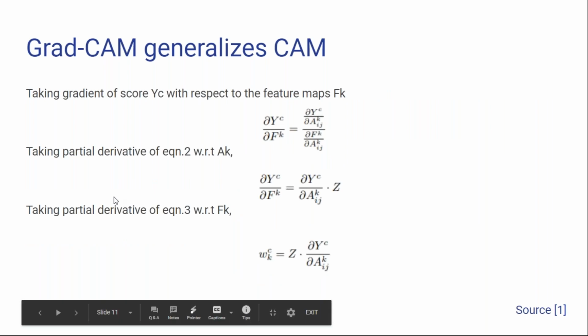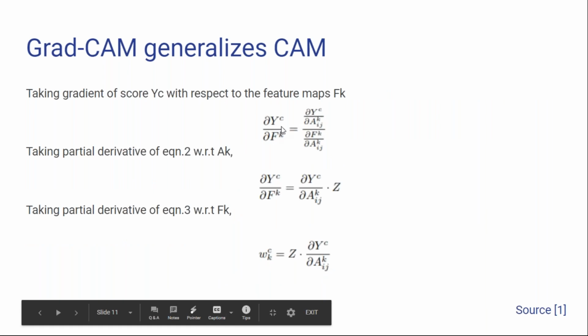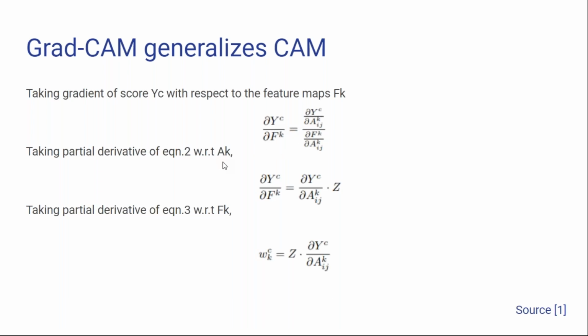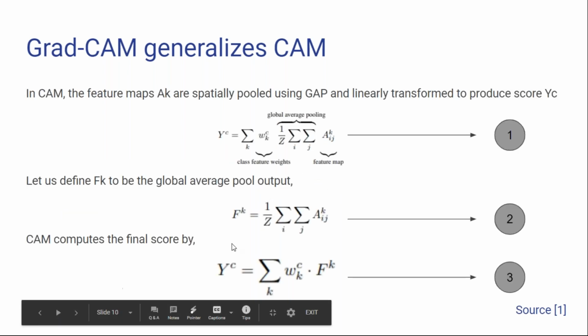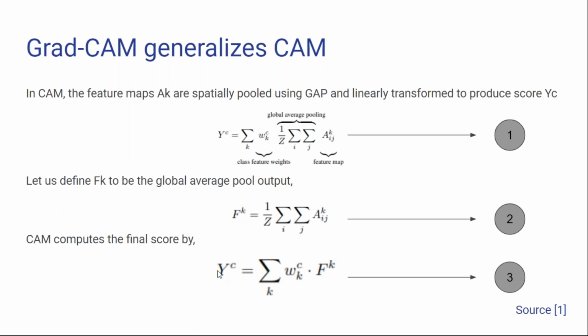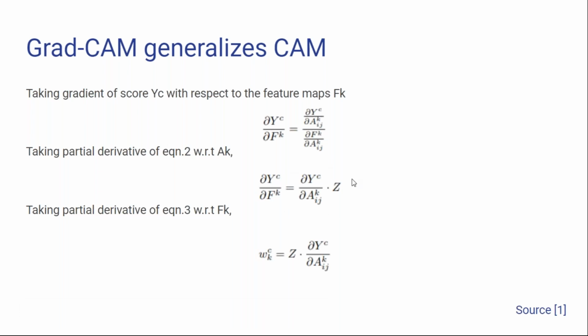And what we'll do is take the gradient of this previous equation, so dy/dF, similar to what we showed in Grad-CAM. So this is how the equation is. And then from equation 2 in the previous slide, what I'm doing here, one moment, dy/dF. I think I made a mistake here. No, it's okay.